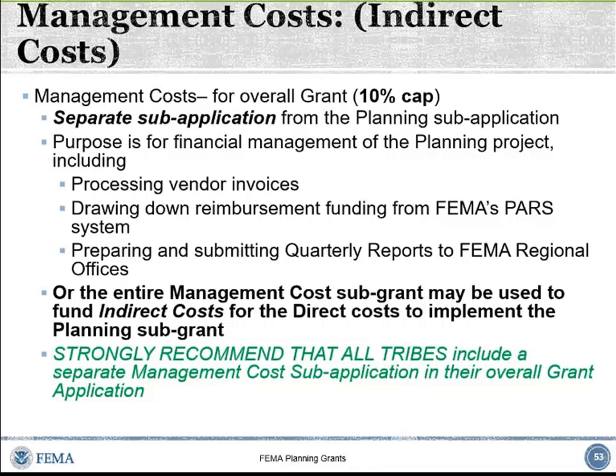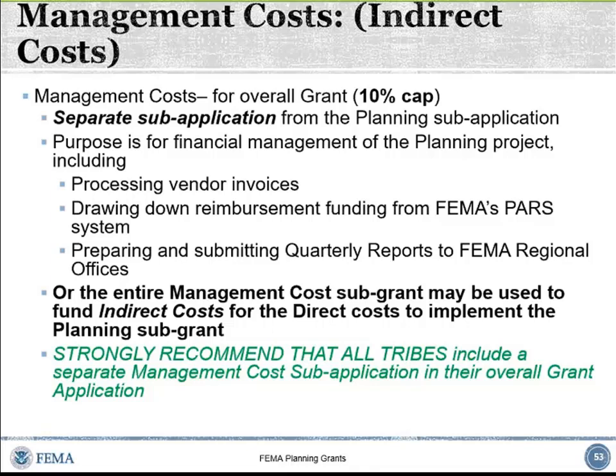I'll give you an example. You have $100,000 worth of expenses that you can claim indirect on. That's $43,000 of indirect that you would normally claim if it was BIA. Can't do that with FEMA, but we say you can claim 10%. 10% of $100,000 is $10,000. So out of that $43,000 of indirect costs that you could normally charge to a grant, you can recover $10,000, and the other $33,000 is unrecovered indirect costs.